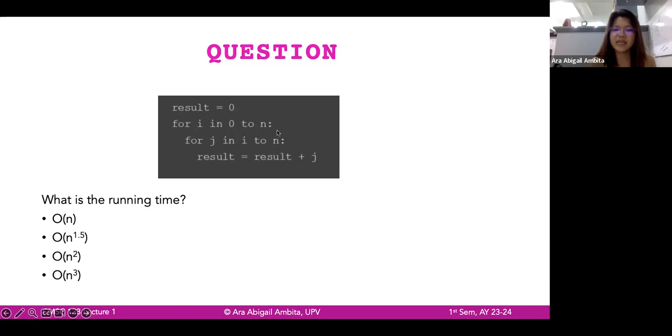That means that this will take n times and this will take n times, and you multiply that, that will give you n squared. And then plus n actually.